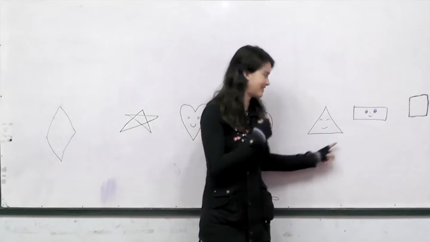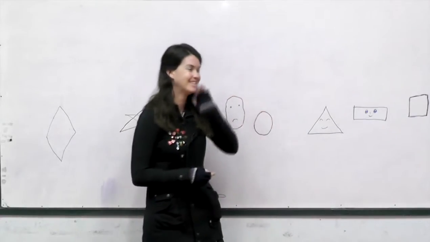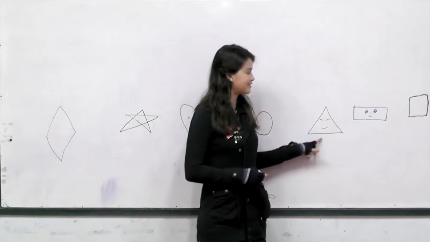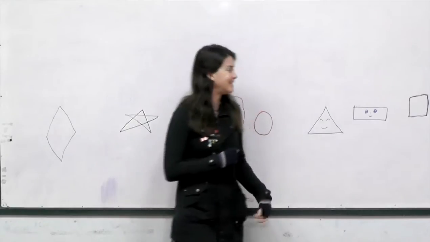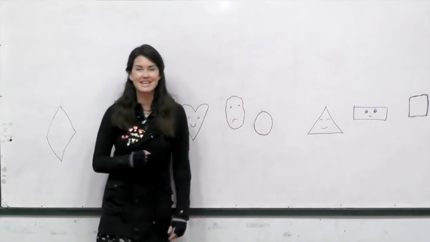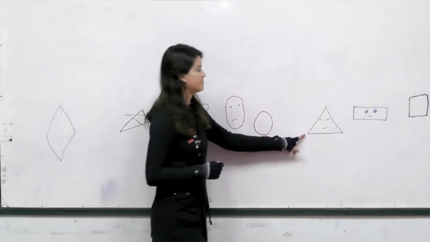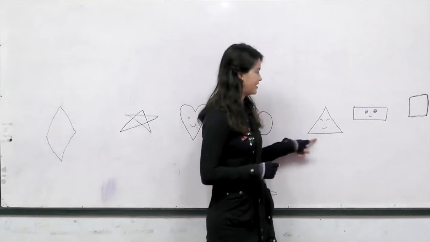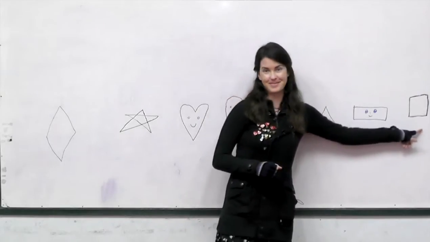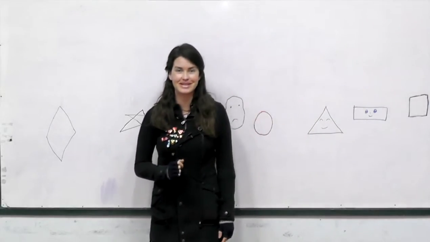Kind of like the chin of the shape. That's good thinking. It's like a little face, so that could be like its chin. Okay, we're going to take a look at our PowerPoint and learn some of those parts of the shape, like this part, and these parts, and this part here. So let's take a look at our PowerPoint.